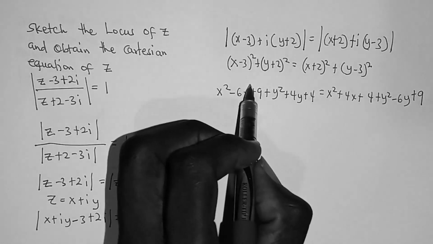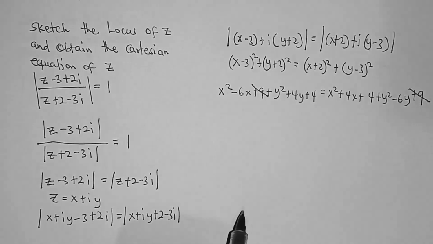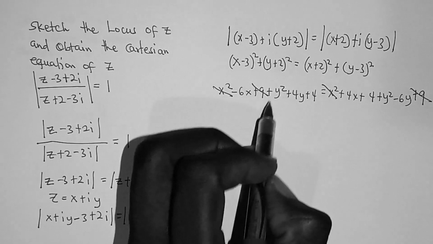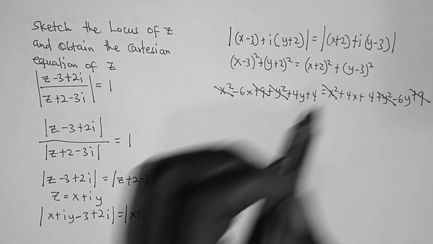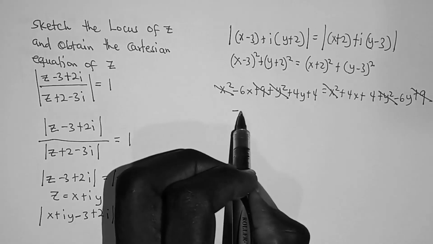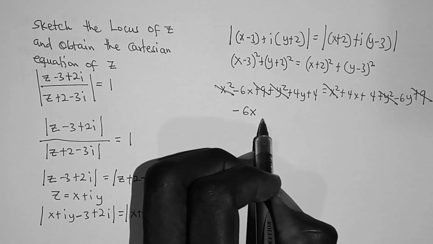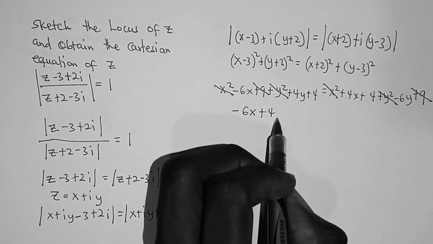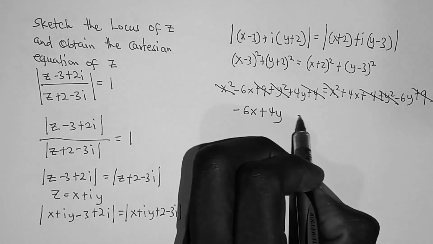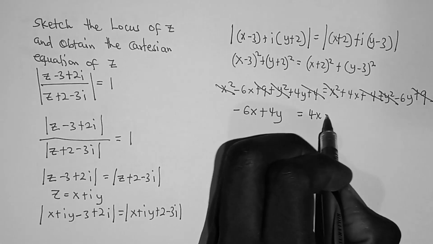So at the end of the day, the plus 9 and plus 9 cancel out, then x squared and x squared also cancel out, and y squared and y squared also cancel out. So we are left with minus 6x plus 4y plus 4, and the plus 4 also cancels out, equals 4x minus 6y.